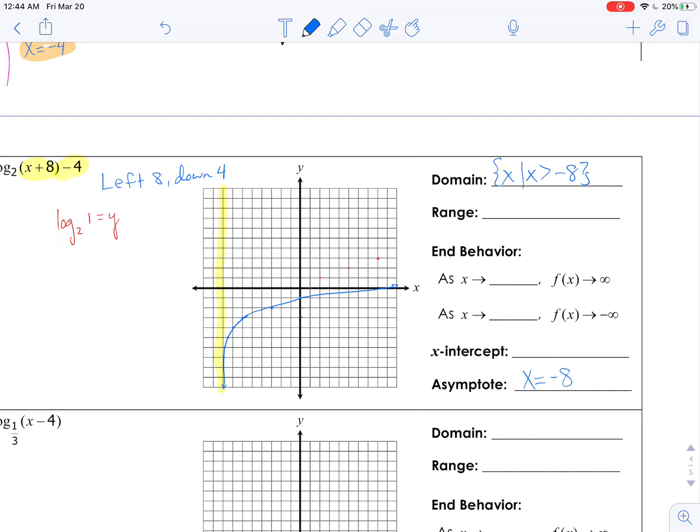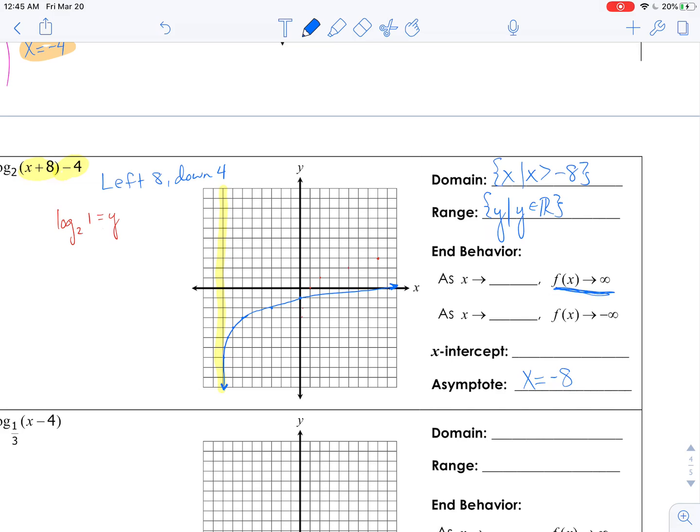I gotta work on drawing those 8s. -8, that's pretty good. And our range, as always here, as long as y is a real number, because I'm going down forever and very, very slowly up forever.